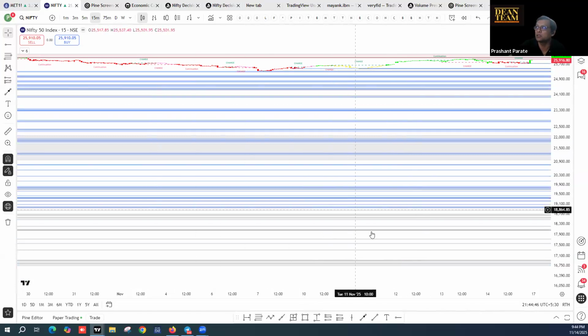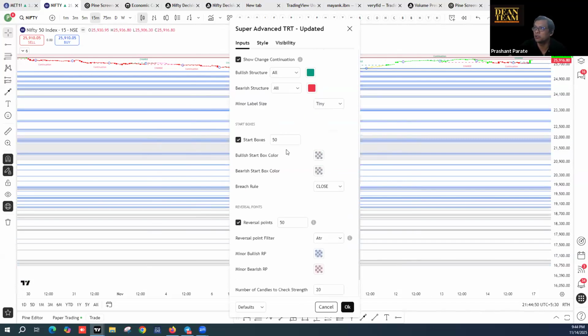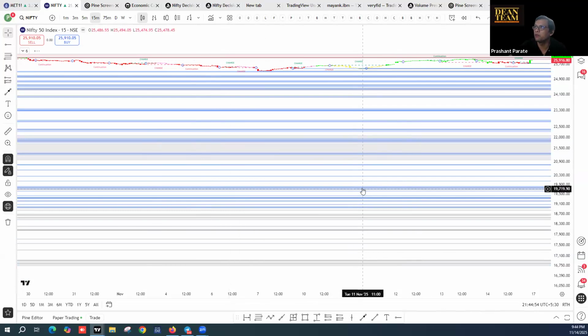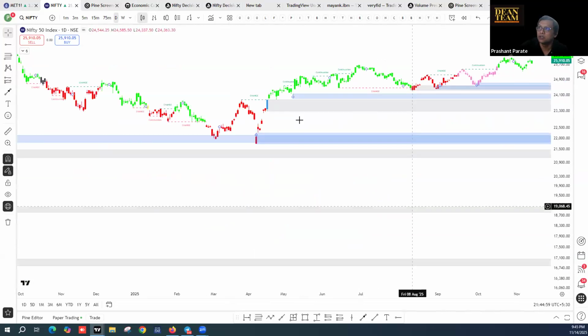I have set it to 50-50, therefore it's like this. If I set it to 5 and 5, and if I use a daily chart, see, something like this happens. The chart is at the top, and there is a lot of white space available which is not used. Somebody had shared a chart like this with me. So if you are getting something like this, then this needs to be fixed.